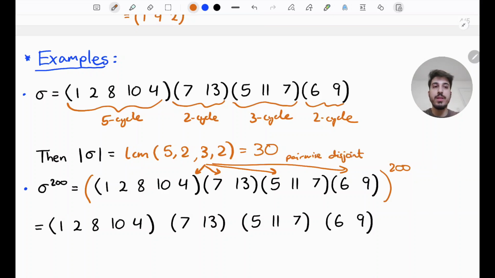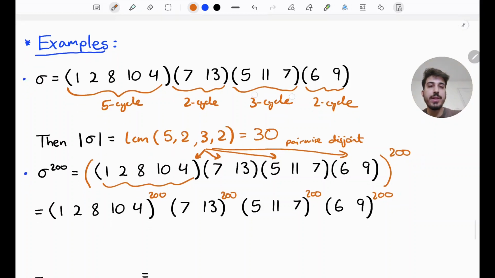Because of that property, we can commute all of these individual cycles together until we have 200 of these guys on the left. So we put all 200 of these guys on the left. And then next we put all 200 of these guys here. And then we put all 200 powers of this cycle. And then lastly, we put all 200 powers of this cycle.